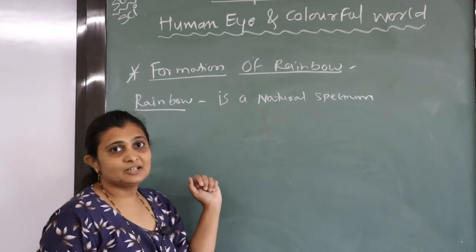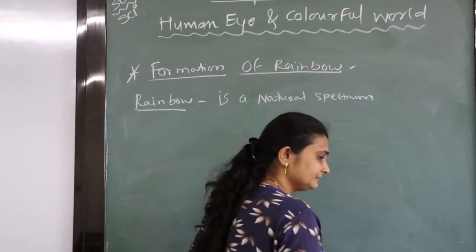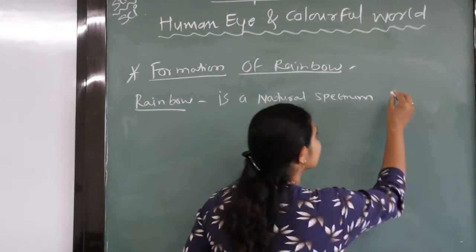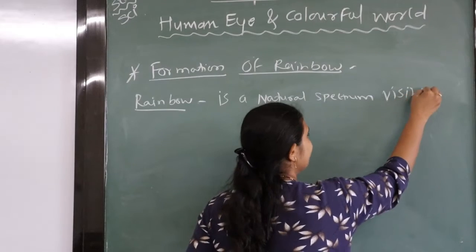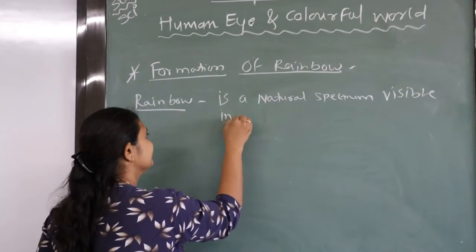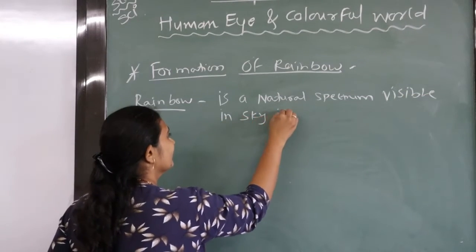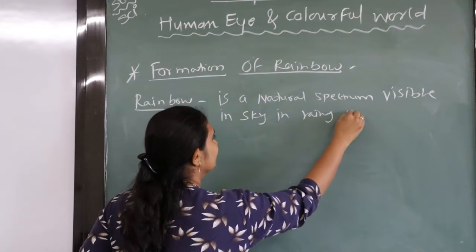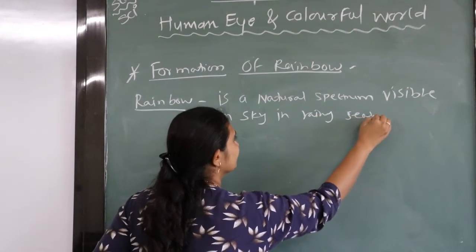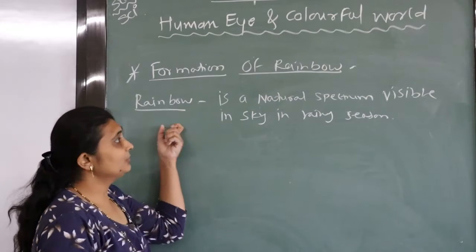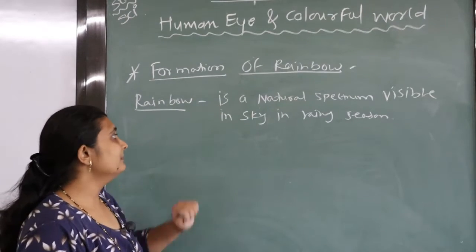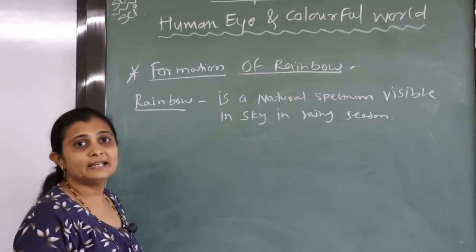Rainbow is a natural spectrum visible in the sky in rainy season. What is the rainbow? It is a natural spectrum visible in the sky in rainy season.